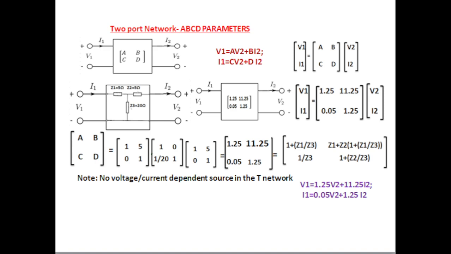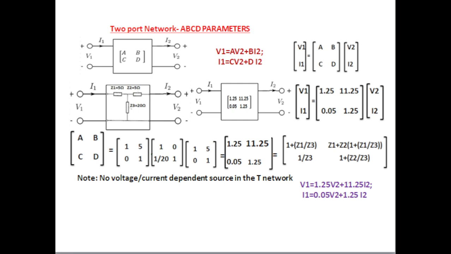That is, the ABCD matrix is 1.25, 11.25, 0.05, 1.25. So V1 I1 is equal to the matrix 1.25, 11.25, 0.05, 1.25 into V2 I2. Here, note: there is no voltage or current dependent source in the T network.